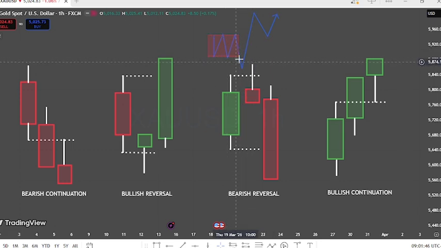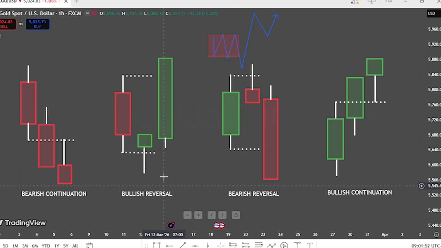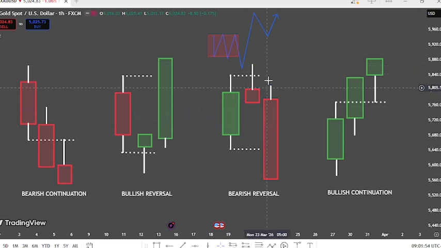Now the manipulation leg. The manipulation leg is visible in a bullish reversal or a bearish reversal. So you can see that once price closes below the low of this candle, price continues to go up as a distribution for this three candle phase.